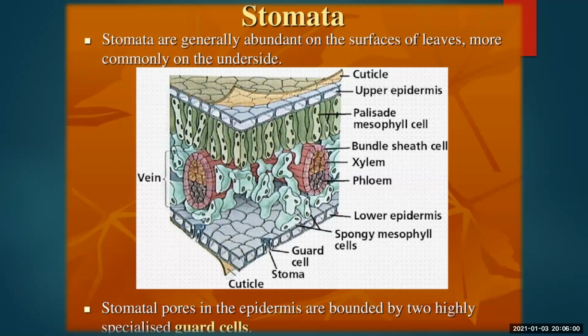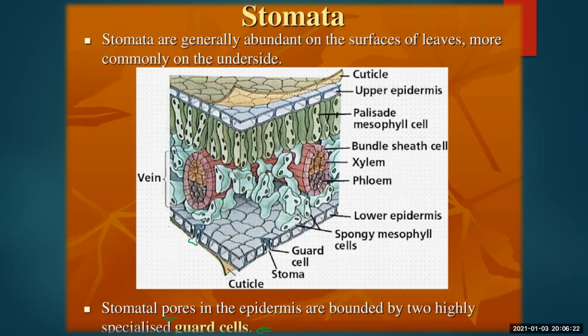Stomata are generally abundant on the surfaces of the leaves, right? But they are mostly common on the underside. So here you can see two guard cells and the stomata in between. So the stomata is actually the hole, the aperture that is between the two guard cells, right? So stomatal pores in the epidermis are bounded by two highly specialized guard cells.